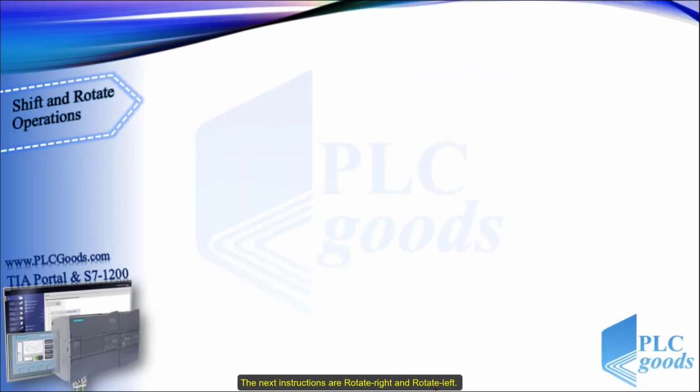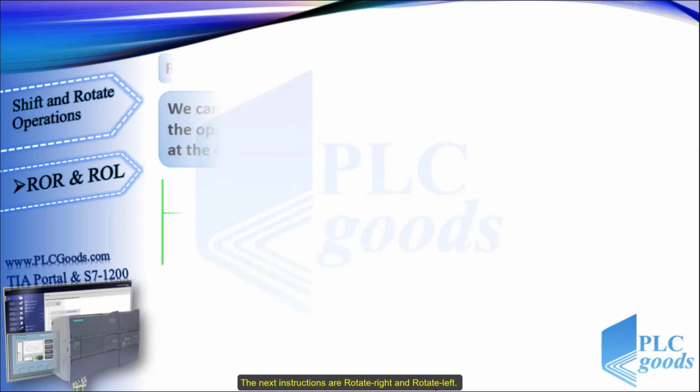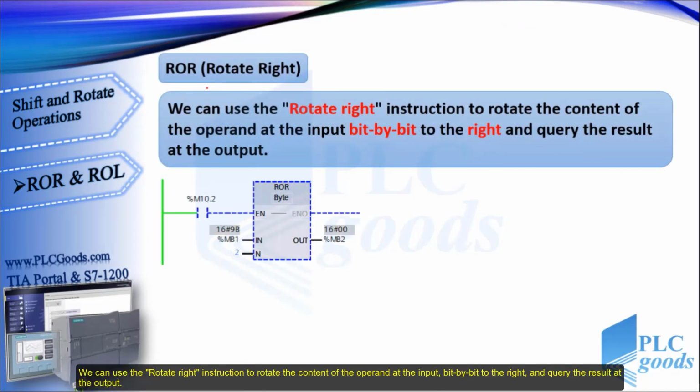The next instructions are rotate right and rotate left. We can use the rotate right instruction to rotate the content of the operand at their input bit by bit to the right and query the result at the output.